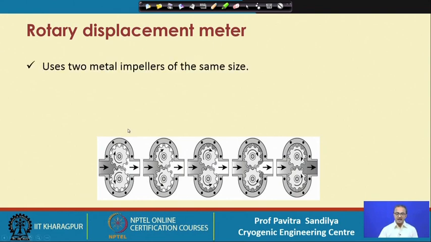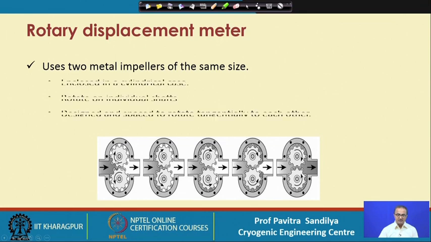Then we come to the rotary displacement meter. As I told you, we have a rotary element put on a shaft. Here we see how the rotation takes place: there are two metal impellers. These impellers keep rotating in opposite directions, one rotating clockwise and the lower one anti-clockwise.